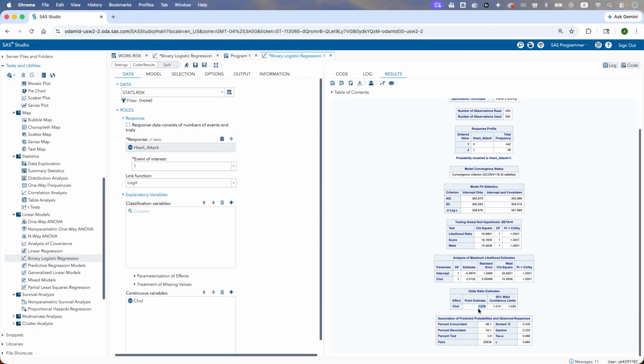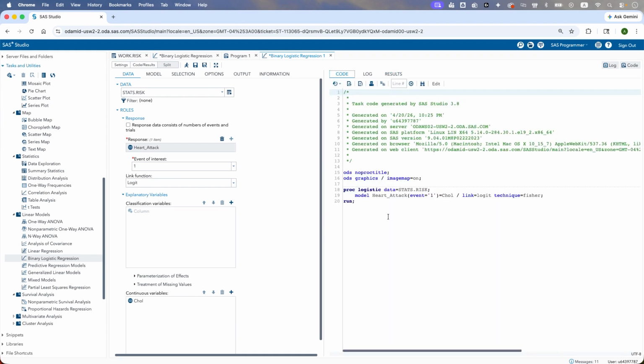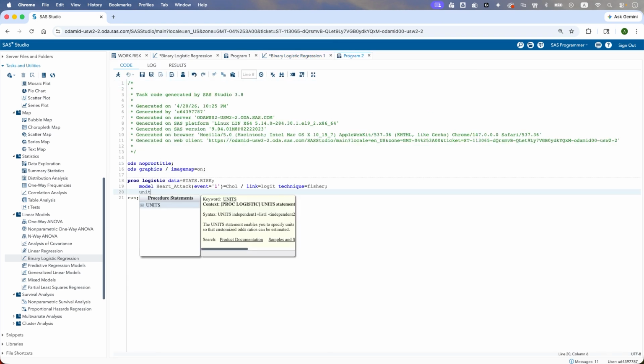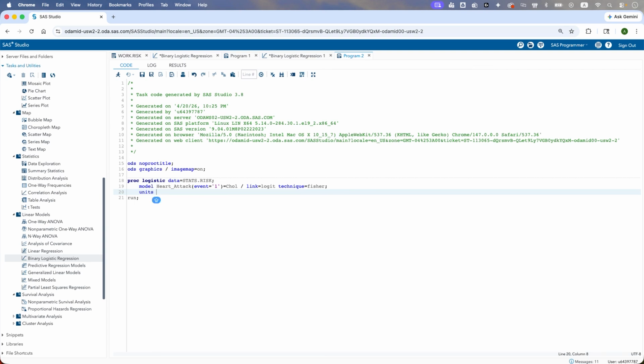Cholesterol is checked when it has increased by 10 units, 5 units probably, or 20 units. So we should have a practical, meaningful unit of change. So what I'm going to do is go to the code change. I'm going to create a new statement. I'm going to say units, and cholesterol is equal to 10 units. Then I'm going to run this.